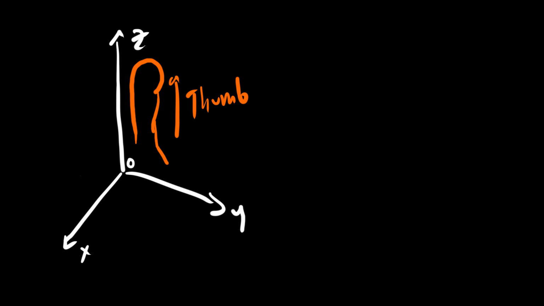If you use your right hand and your thumb, and apologize for the horrible drawing, this is your thumb going in that direction, and you have your pointer finger pointing in the positive x direction.